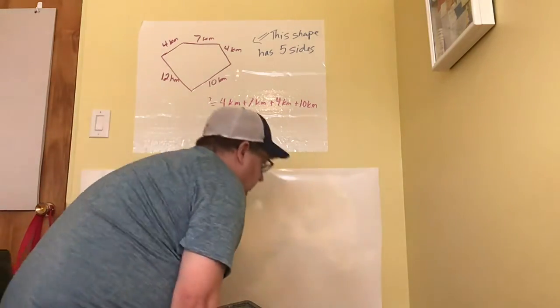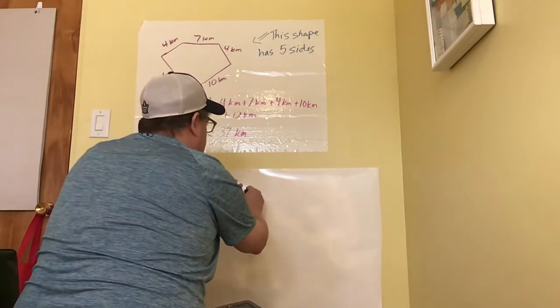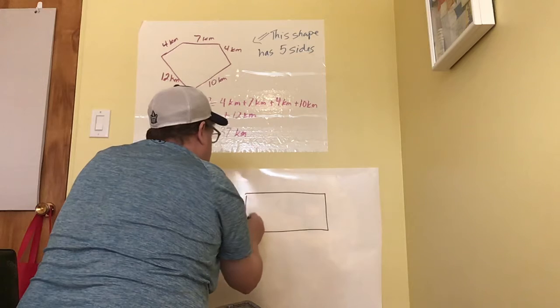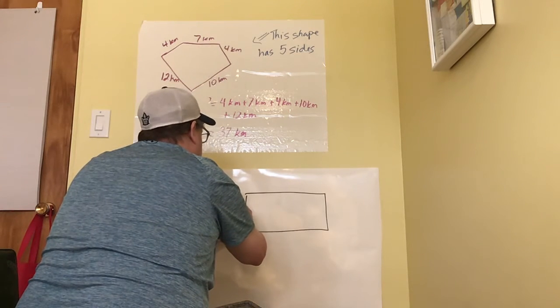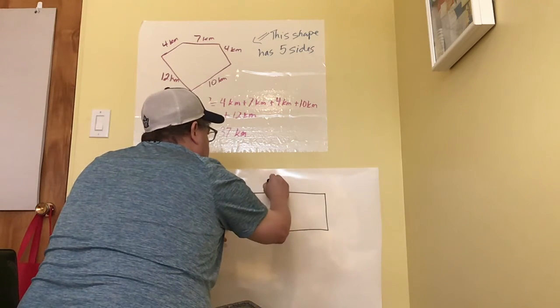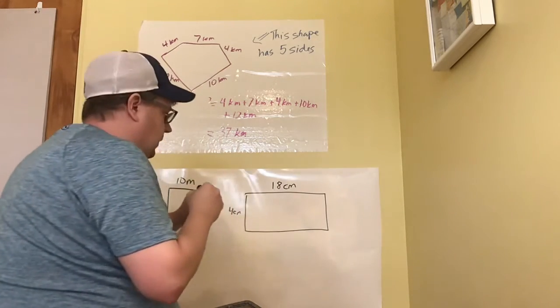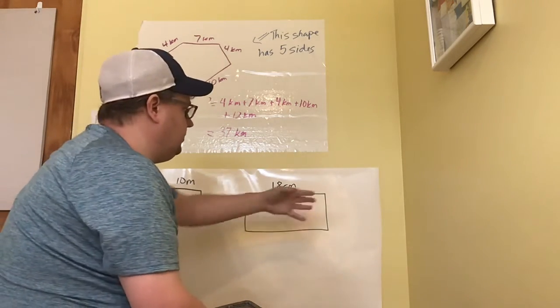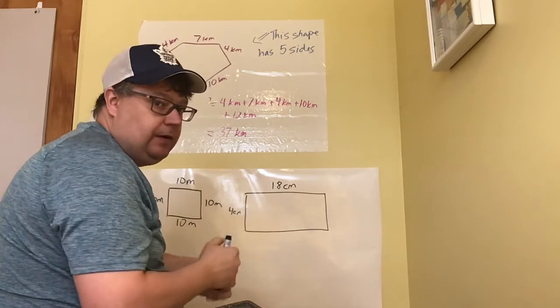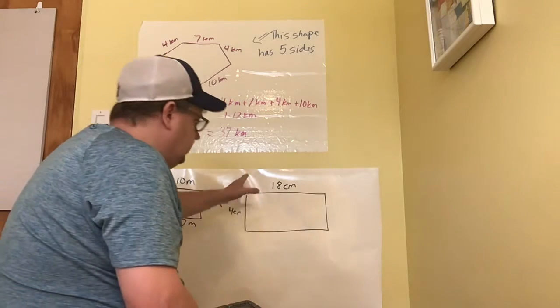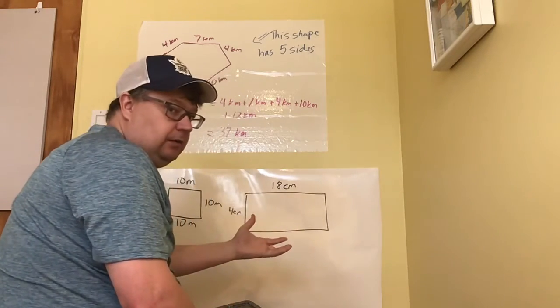Another thing we also know is this shape. Okay, so again, we don't know 2 of the sides, but we still have to calculate them when we're doing perimeter. This shape is a rectangle.